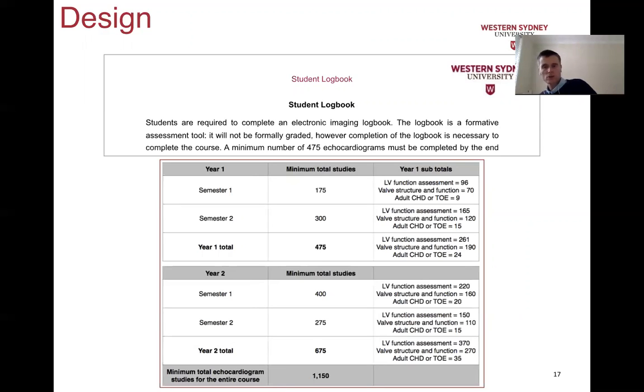Good question. If, for example, at the end of the semester you passed everything and your logbook was at about 390, I'd be happy with that. If you just passed everything and your logbook was 300, we'd have to come up with an alternate plan. So it's really important that you work towards that number.